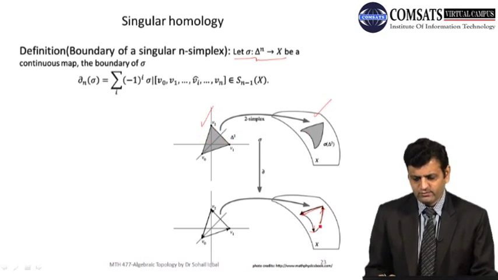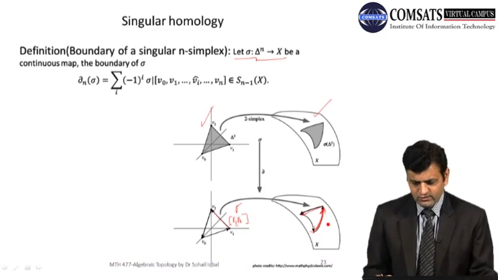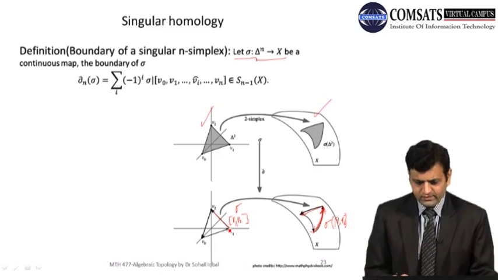If I take the image of this arrow under sigma, then this arrow is basically this line. If this is v1 v2, the one-simplex generated by v1 and v2, then this arrow is of course sigma of [v1, v2], the image of this boundary one-simplex of the standard two-simplex.